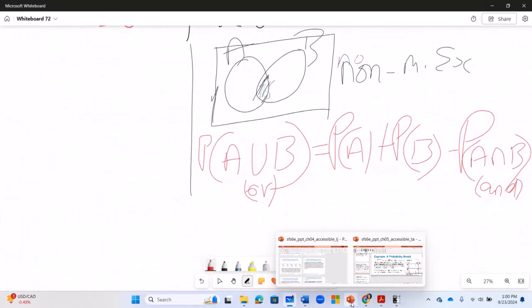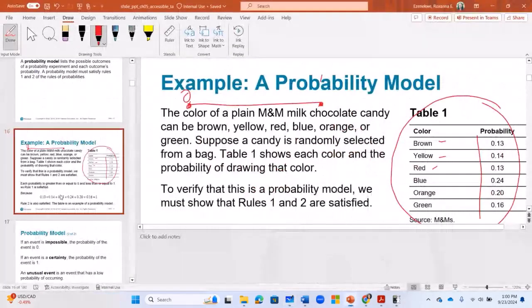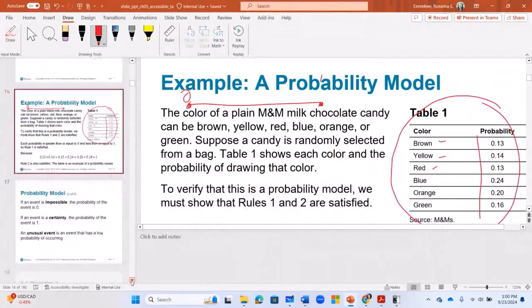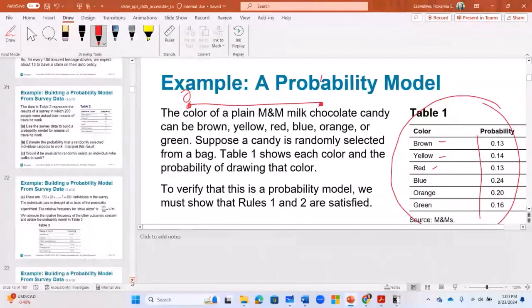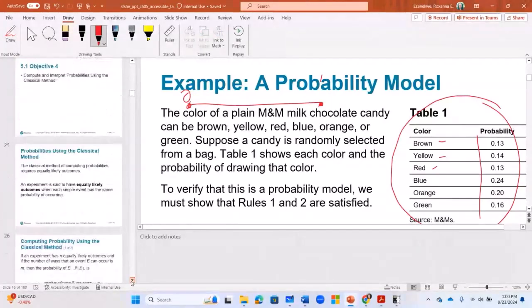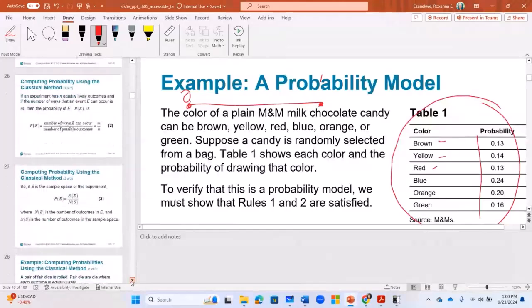Let me see if there's a quick example in chapter 5, or a Venn diagram we can use. If not, I'll use my own.